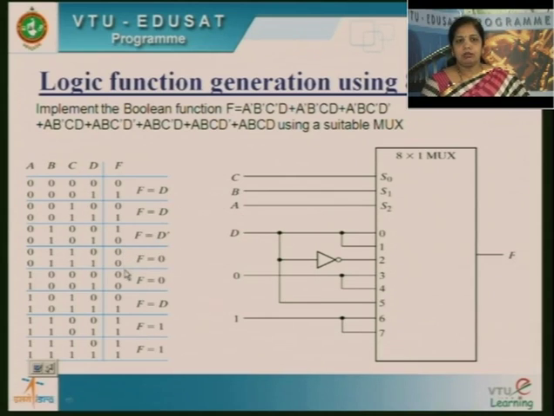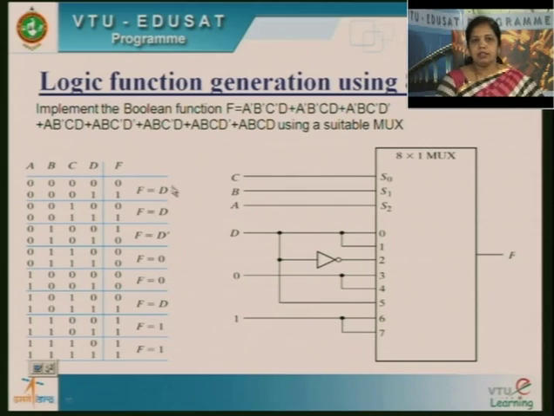Whenever both are zeros, we have logic 0. Whenever both are ones, we have logic 1. So finally I am generating 8 outputs out of these 16 outputs. These outputs are in terms of the variable D or the logic 0 and 1.